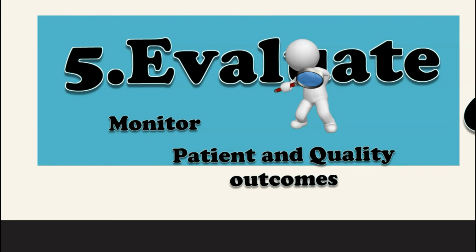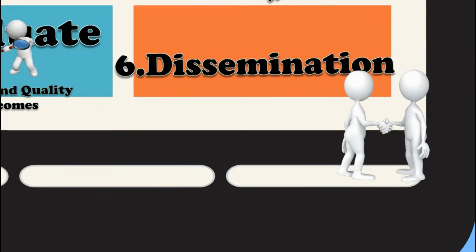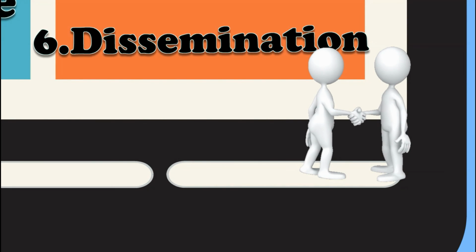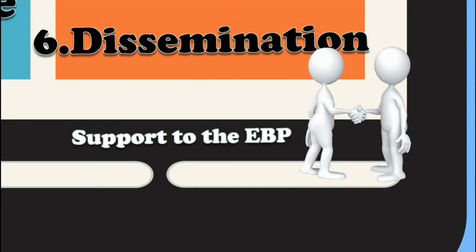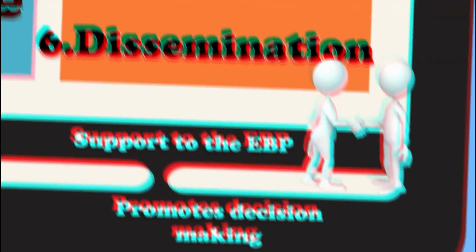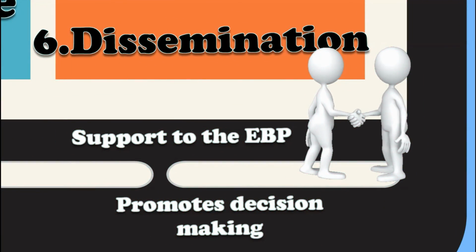And so for our last framework step, which is called dissemination, or simply dissemination of information. Dissemination of information provides support to the EBP process and promotes improvement in clinical practice, particularly decision making.